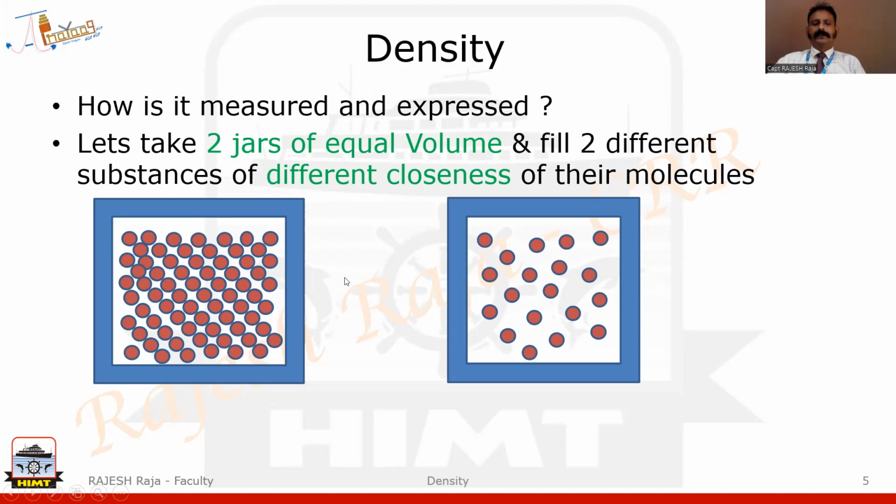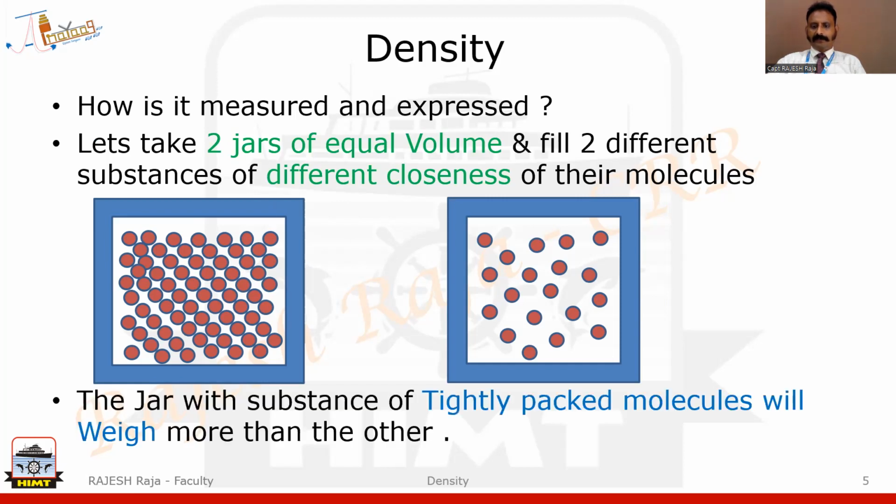It is very evident the volume of the two substances is exactly the same, because the jars are exactly the same. Now, what is different here? The closeness of molecules, or the number of molecules, whatever you want to call it. It will be very evident that tightly packed molecules will weigh more than loosely packed ones.